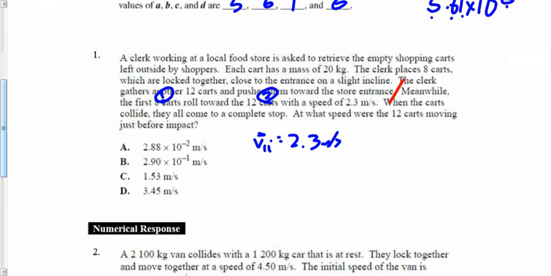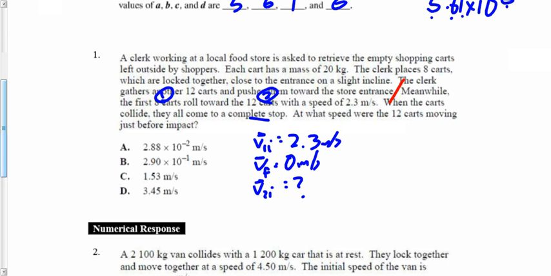The 8 carts, before the collision takes place, are moving at 2.3, whatever their mass is. We're going to say that VF, everything afterwards, is 0. Comes to a complete stop. And I'm looking for V2I, the 12 carts before the collision.